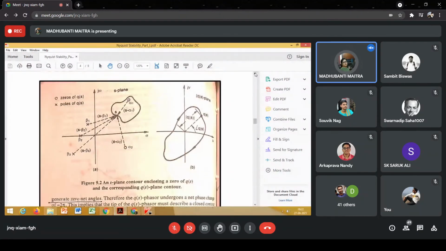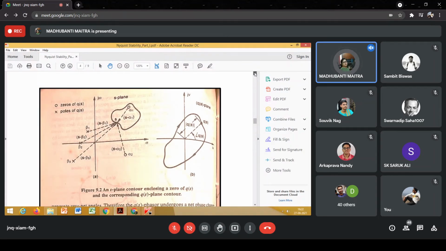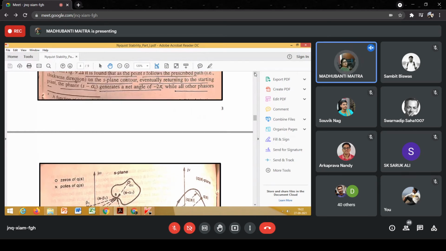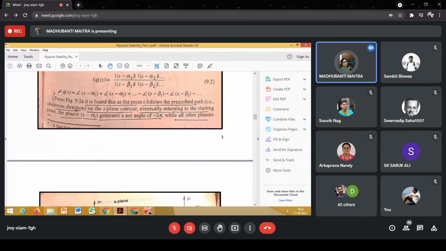All other zeros and poles of the QS plane will contribute a net change in angle equal to 0, but because of these two enclosed zeros, delta QS will be equal to 2 times minus 2 pi.